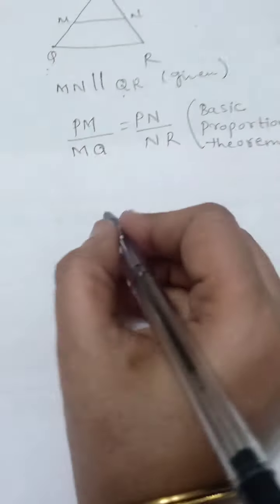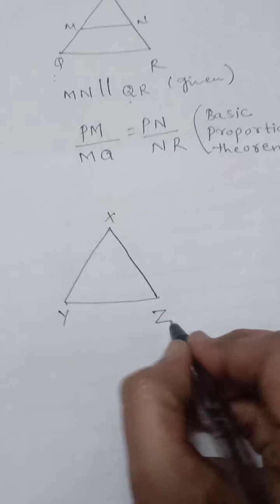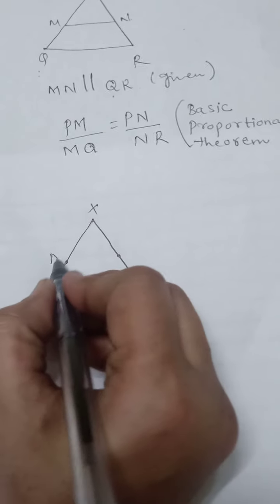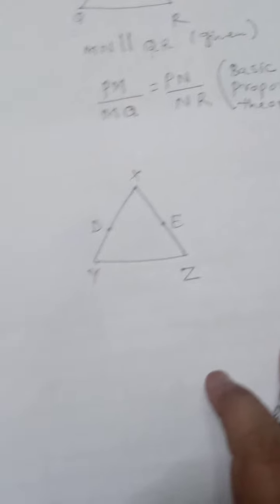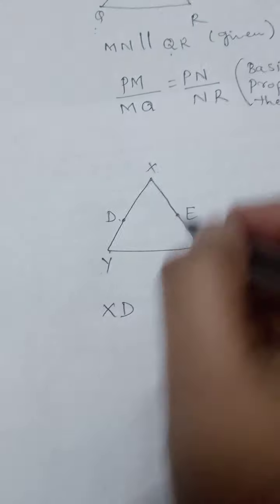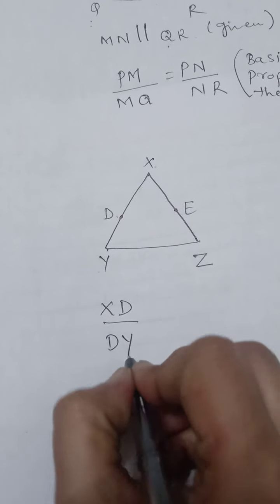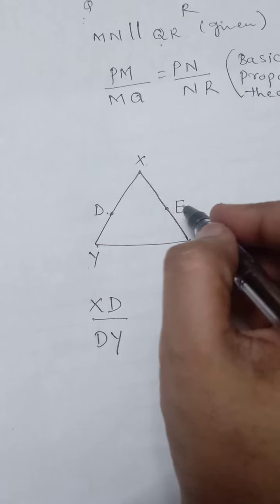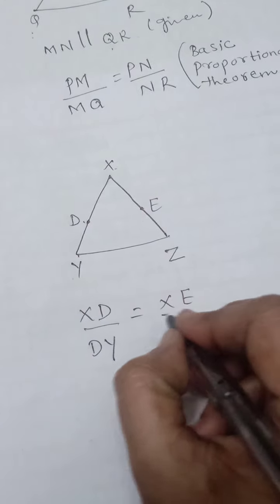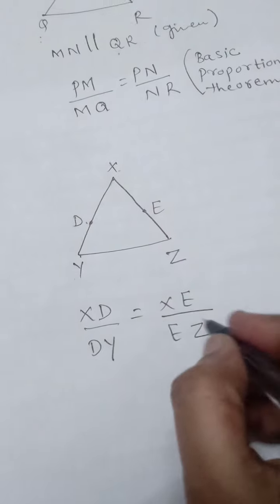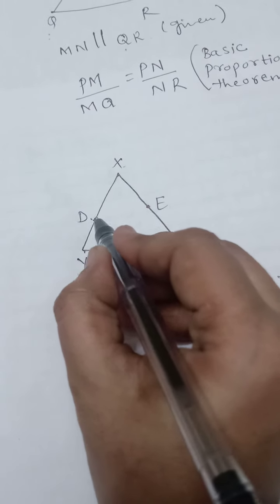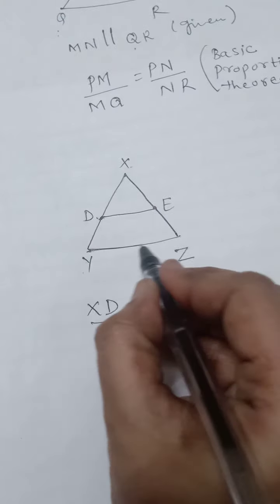So I am taking here triangle XYZ, and here two points are there, point D and point E. And it is given to us that XD upon DY is equal to XE upon EZ. That means the ratios are given as equal. Then we want to prove whether this DE is parallel to YZ or not.